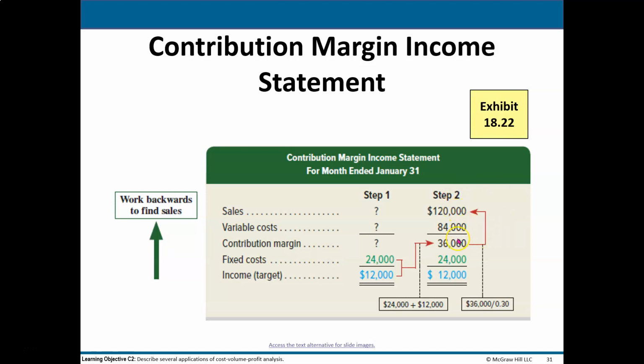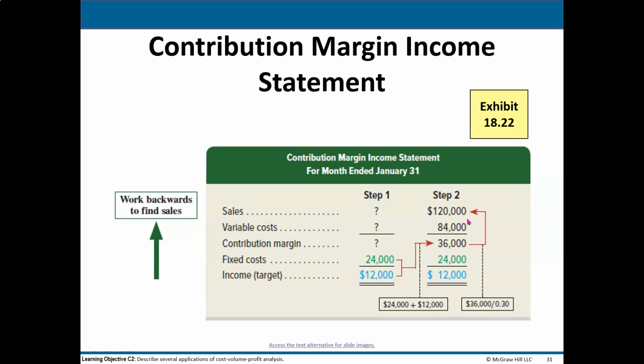I can verify my accuracy by taking $120,000, multiplying that by 70%, and that will also give me my variable cost of $84,000. So just knowing my fixed costs, my target income, and my contribution margin ratio, I can complete the contribution margin income statement and determine my sales and my variable costs.